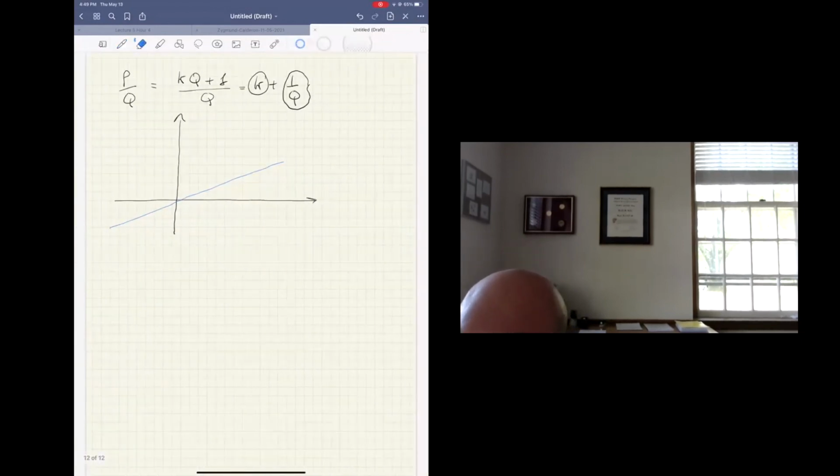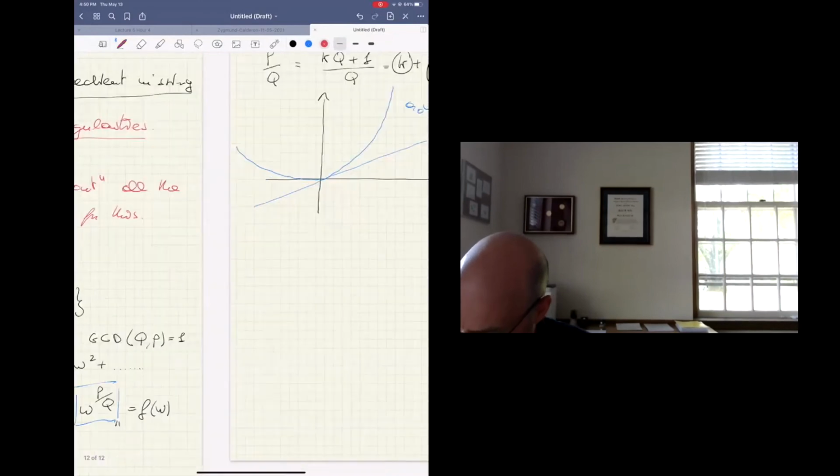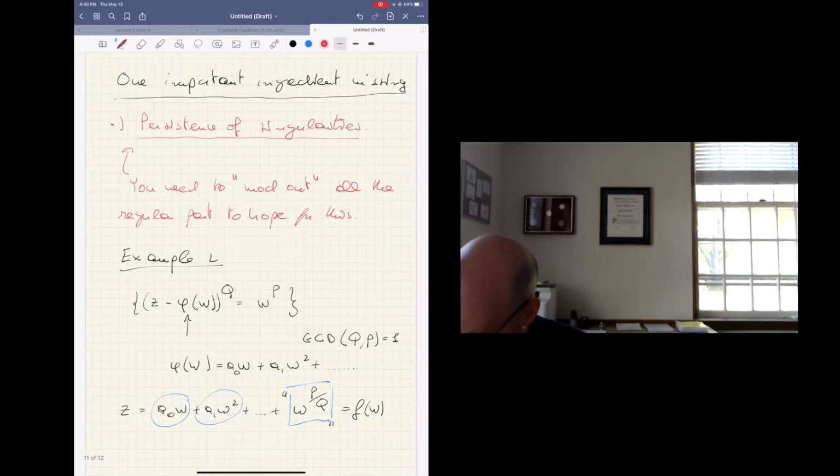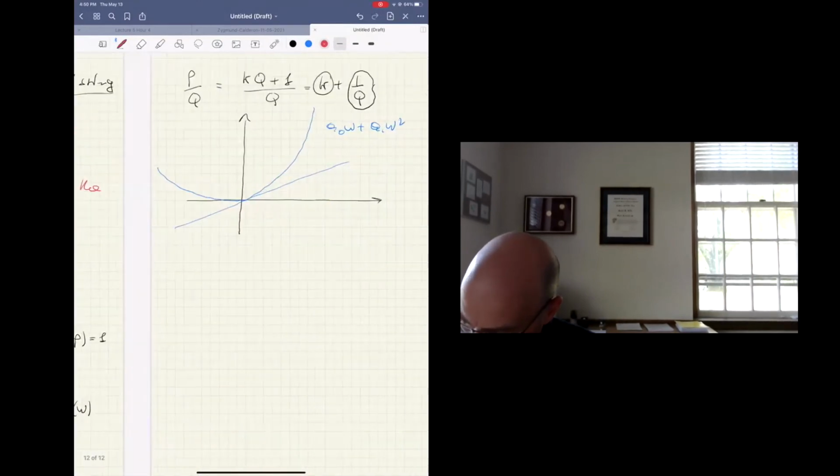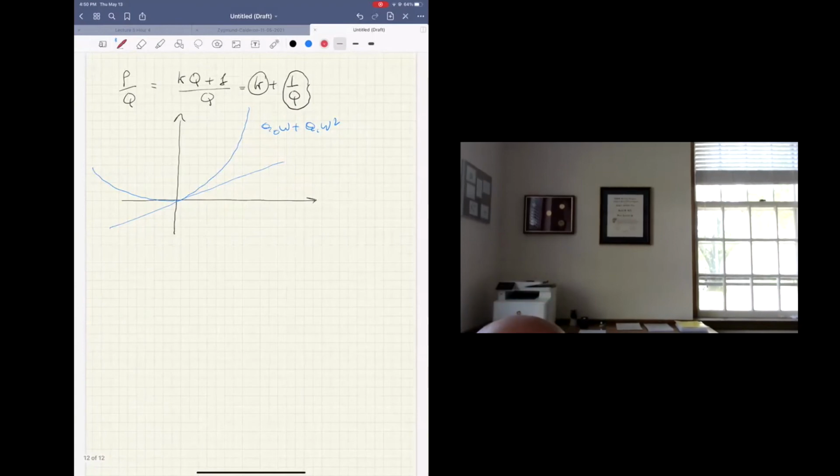Then maybe I have my second approximation, which is a parabola. Let me say this one is a0 w plus a1 w squared. And then I have a branching on top of this because I have these q-th roots, but these branchings are maybe tiny, tiny perturbations.